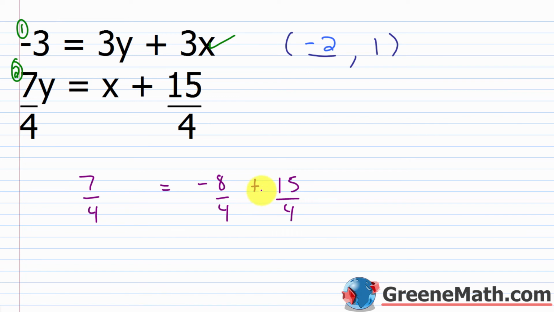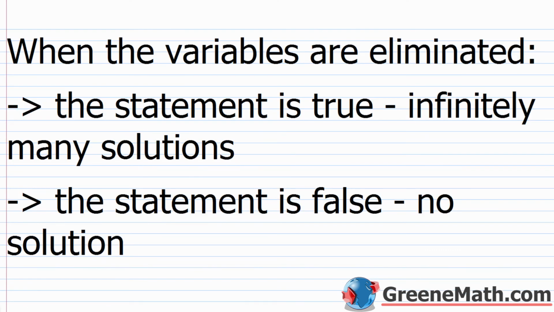Now if I had -8 and 15, I get 7 over the common denominator of 4. So this is going to be 7/4 is equal to 7/4. So it works out here as well. So our ordered pair -2, 1, or an x value of -2, a y value of 1, is our solution for the system.